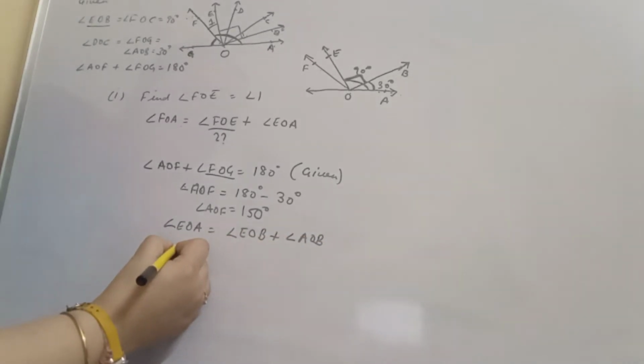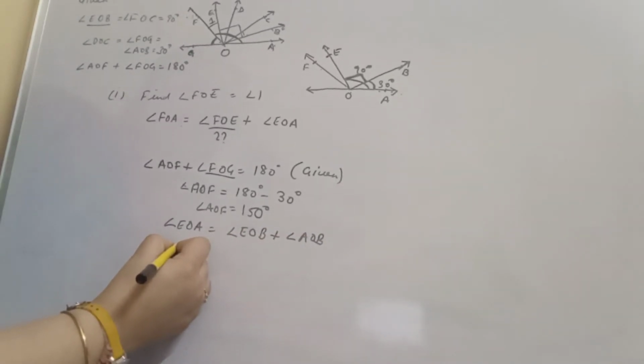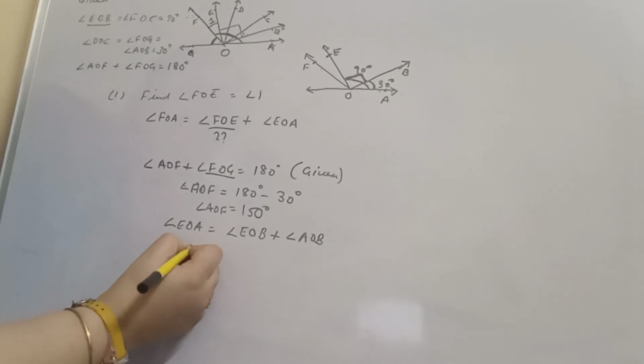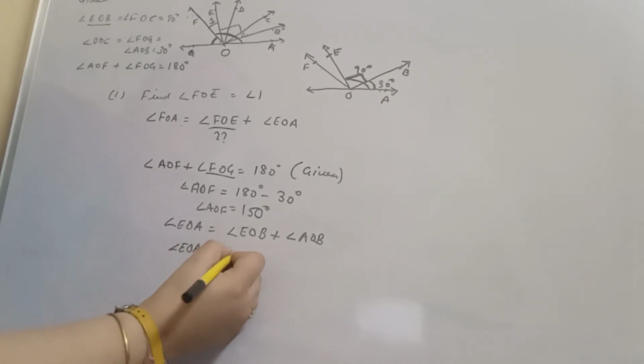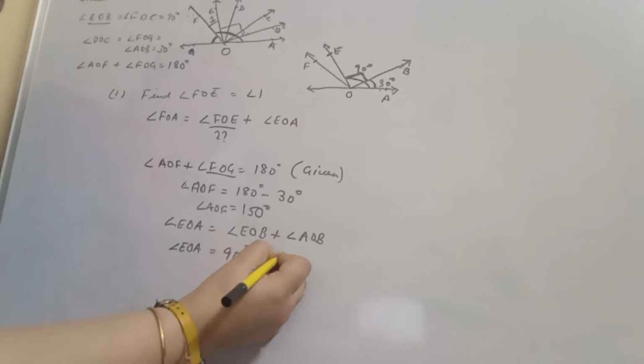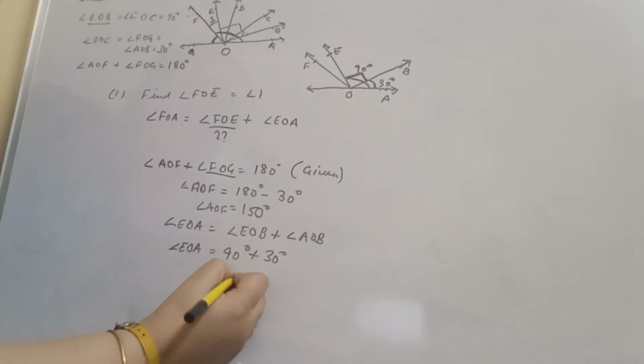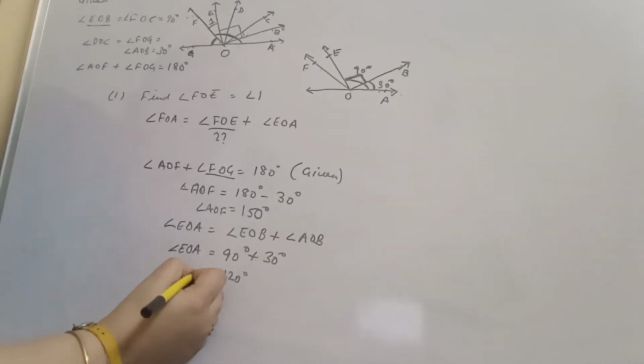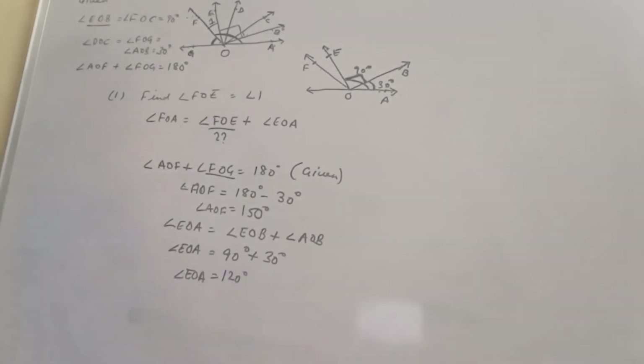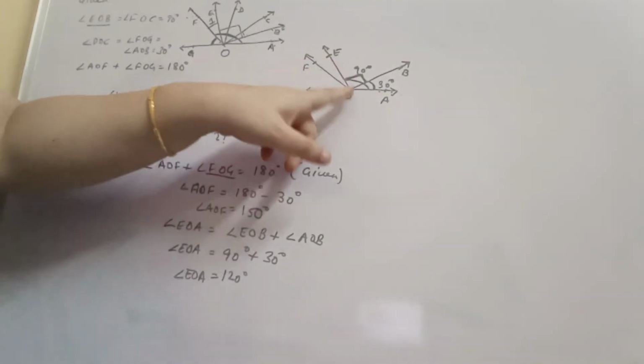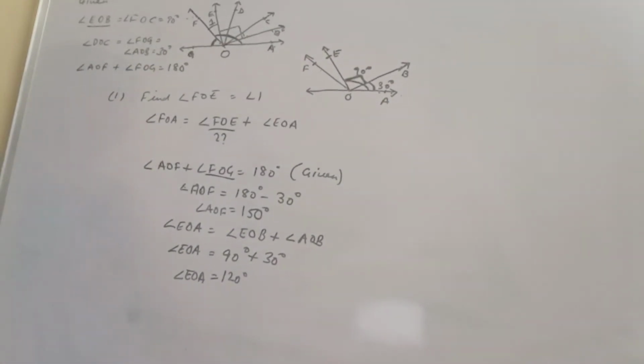So I get it to be 90 degrees plus 30 degrees, that is 120 degrees. So EOA is 120 degrees.